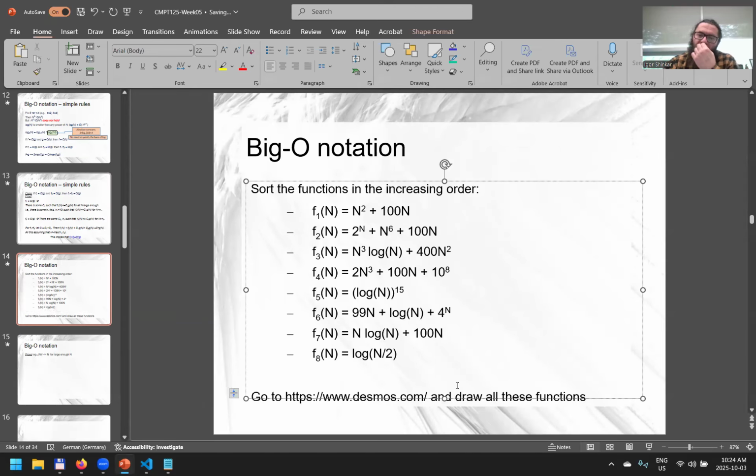Right. So which one of these is the smallest function? I guess the smallest one is f8, because it's log of n over 2. Do you remember your rules for log of n over 2? This is equal to log n minus log base 2 of 2, which is just 1. I'm not specifying the exact log; let's say it's log base 2.